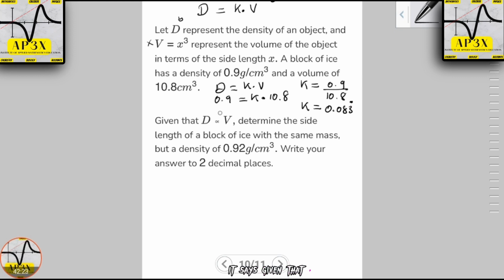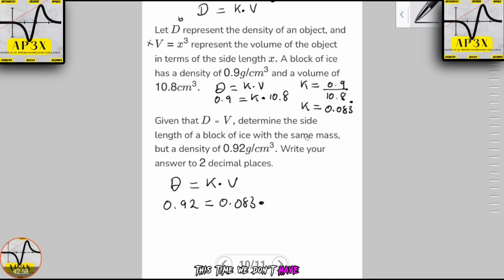It says given that D is directly proportional to V, so D is equal to K times V, determine the side length of the block of ice with the same mass but a density of 0.92. So 0.92 equals K, which is 0.083 recurring, multiplied by the volume.